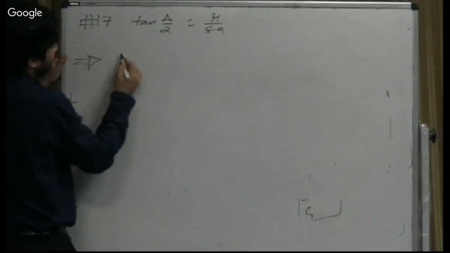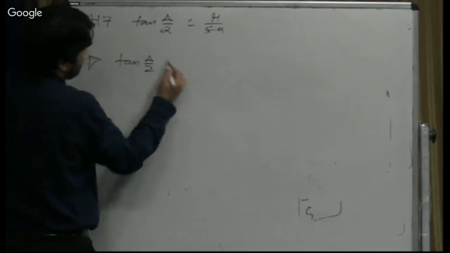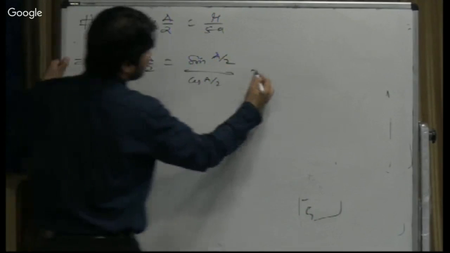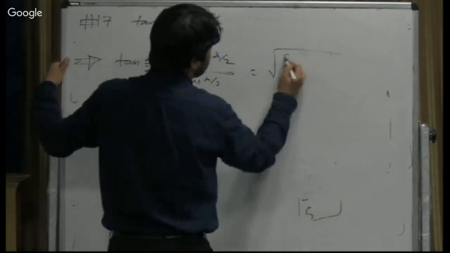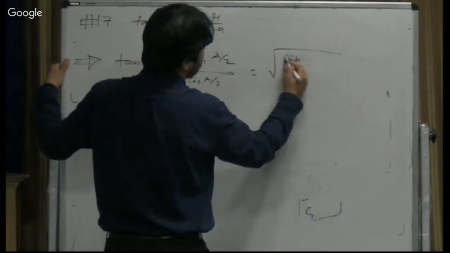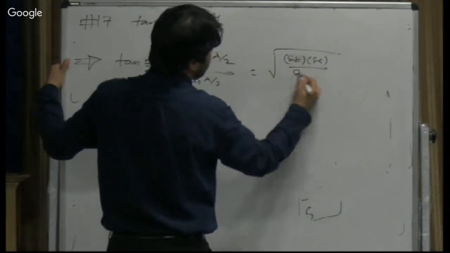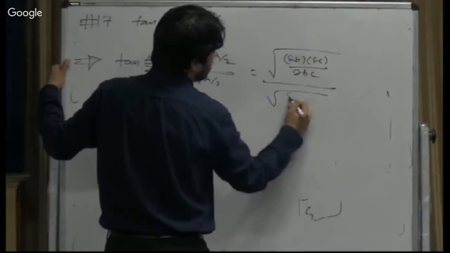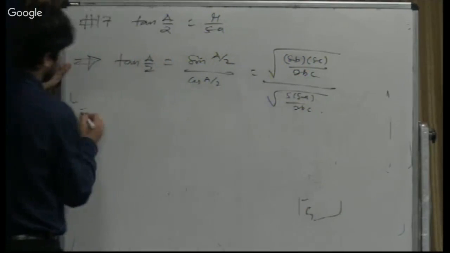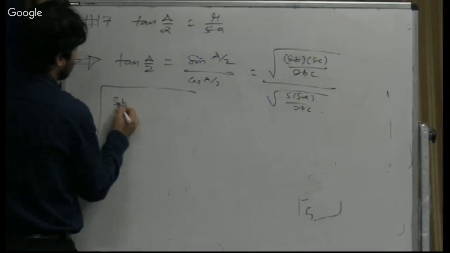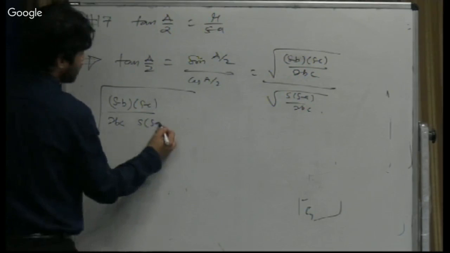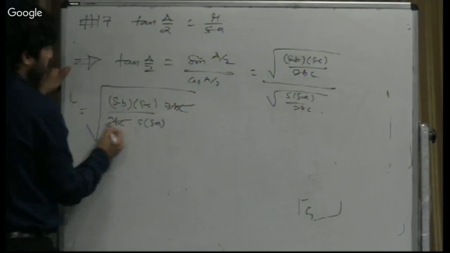Since I know tan A by 2 is basically sine A by 2 by cos A by 2, and I know sine A by 2 is nothing but under root S minus B into S minus C by 2BC. And cos A by 2 was S into S minus A by 2BC. Now since I know दोनों में रूट है तो दोनों को अंदर ले जाओ, S minus B S minus C by 2BC into S minus A 2BC, gone.